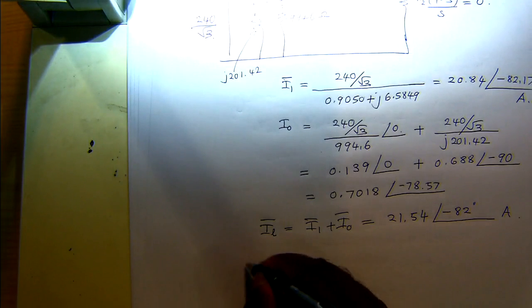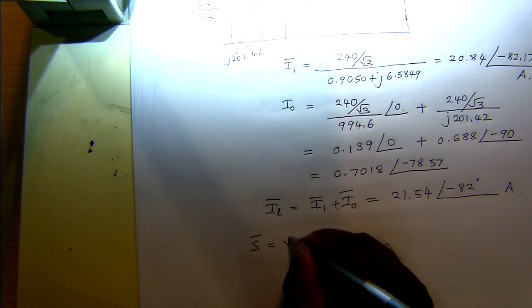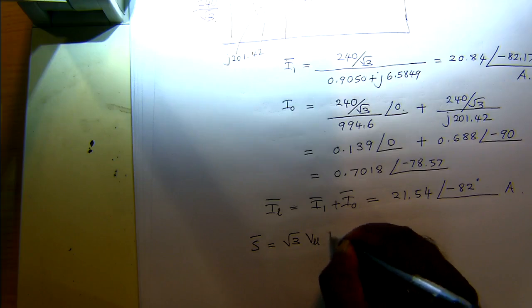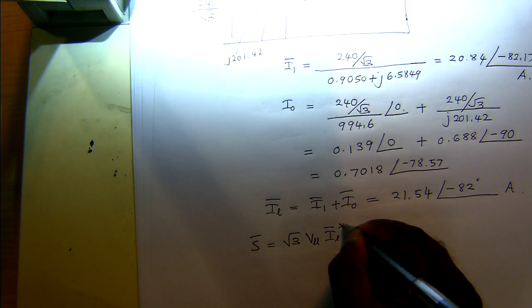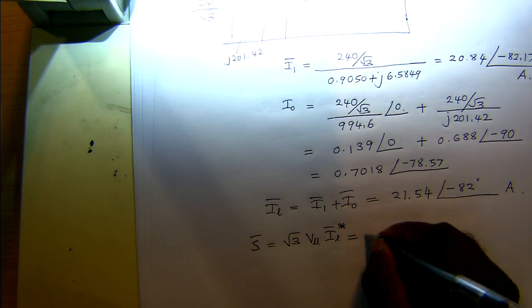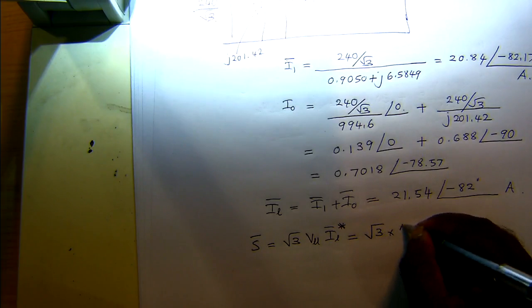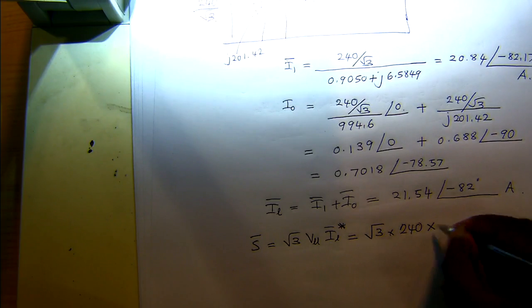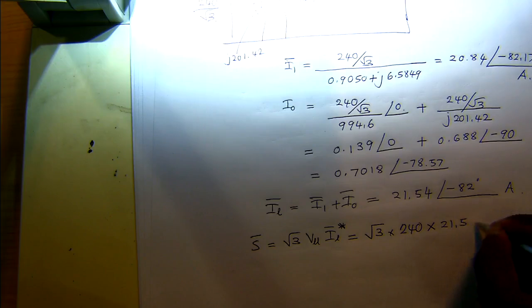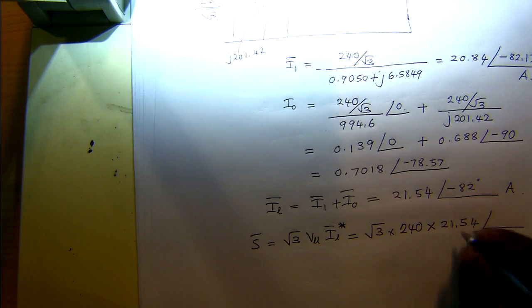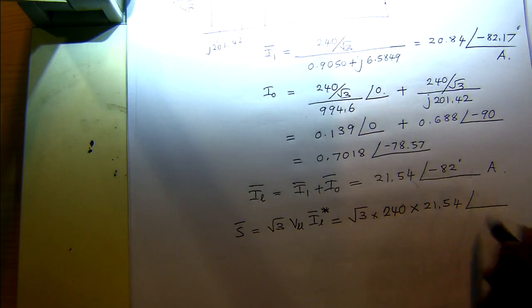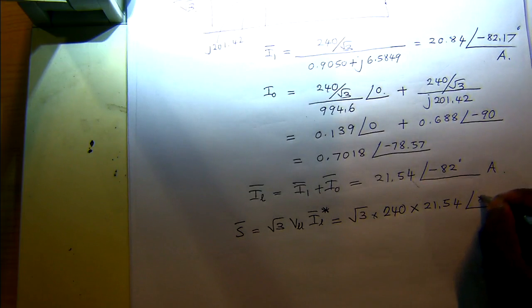Let's say complex power will be √3 times V line to line times I line conjugate. So this will be √3 times 240 times 21.54, and the conjugate of this current will be phase angle 82.